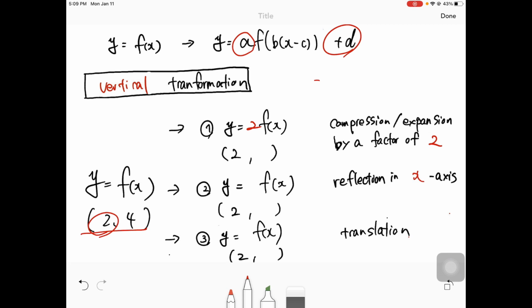But you do remember, in the case of horizontal compression or expansion, factor is reciprocal of the value here. But in the case of vertical transformation, the value is same as the value you put here. So this means you multiply 2 by 4. 2 multiplied by 4 is 8.